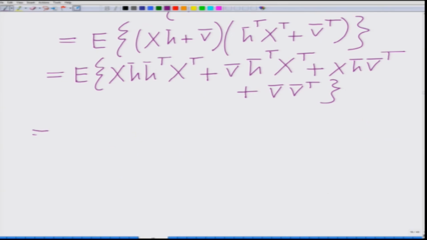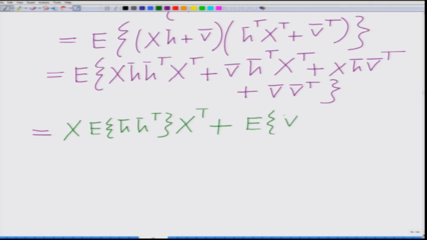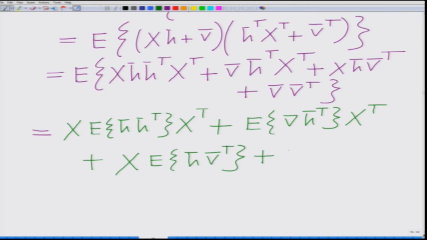If you take the expectation operator inside, you will get x times expectation of H bar H bar transpose x transpose, plus expected value of V bar H bar transpose x transpose, plus x times expected value of H bar V bar transpose, plus expected V bar V bar transpose.